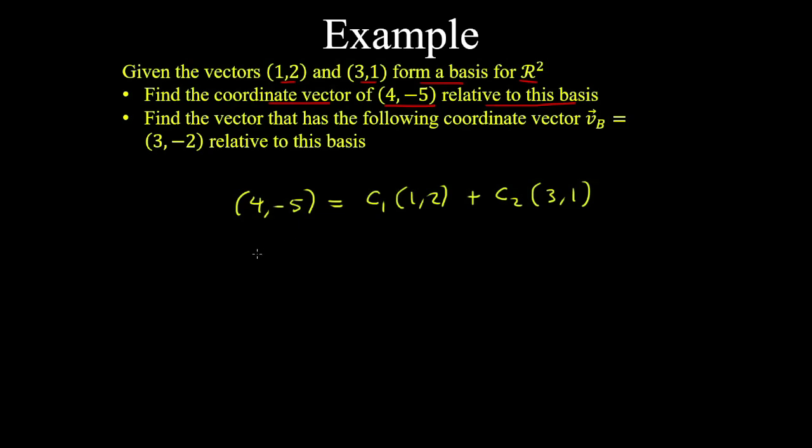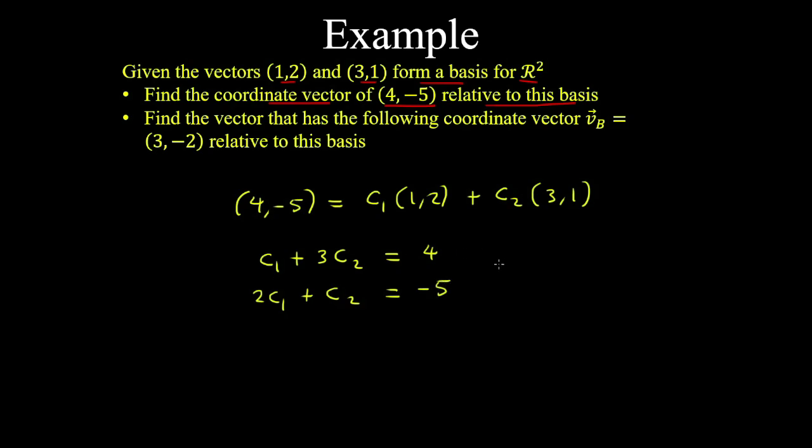So on the left hand side we have C1 plus 3C2 is equal to 4 on the right hand side, and then 2C1 plus C2 is equal to minus 5.